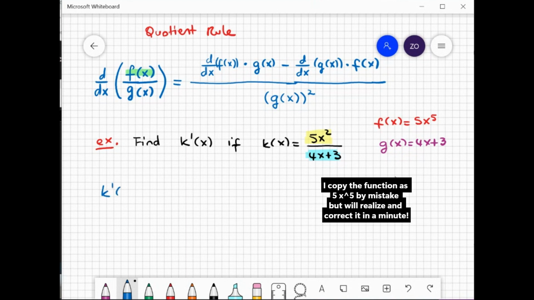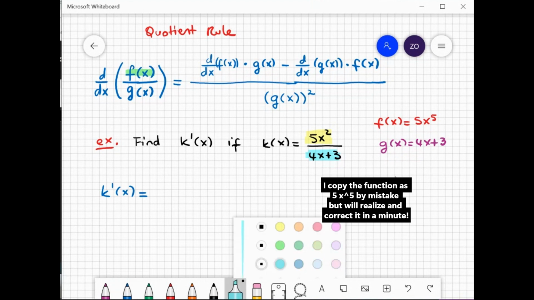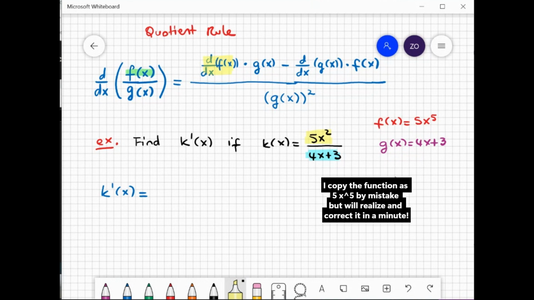So the derivative of k, how do we find it? Just plug it into this formula. So in the formula, we will have the derivative. So we start with the derivative of the first function, right? Derivative of the f function, which is 5x squared. What is the derivative of f? Let's find it here.